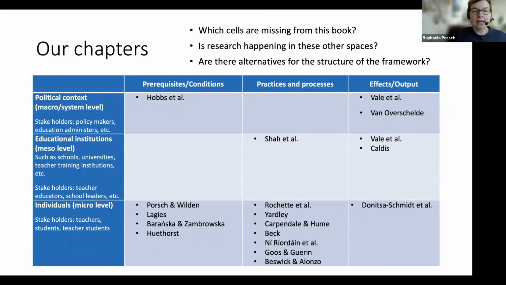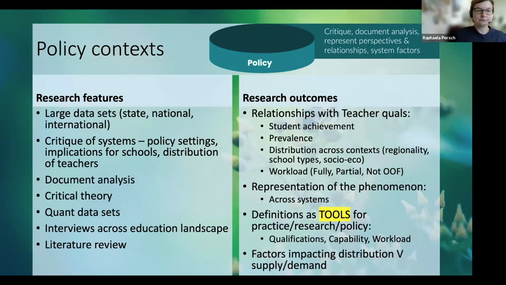The educational level has also not been addressed very often. My presentation will be about this meso level, but this is just an idea, and we can talk about this classification now or later.